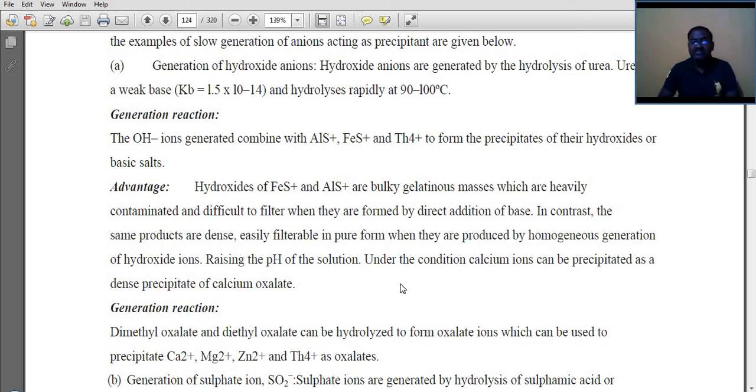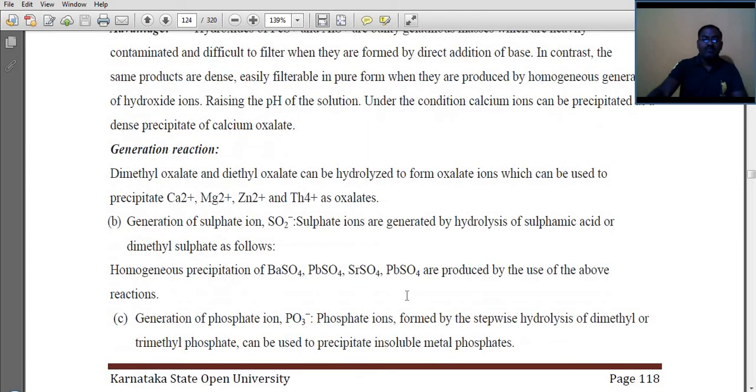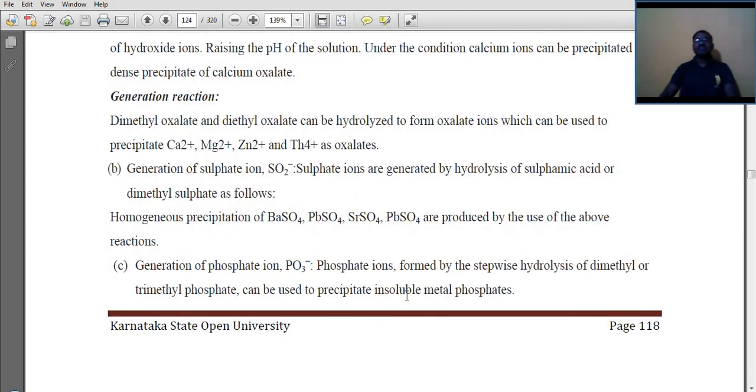In contrast, the same products are dense, easily filterable and pure when they are produced by homogeneous generation of hydroxide ions. By raising the pH of the solution under these conditions, calcium ions can be precipitated as a dense precipitate of calcium oxalate. What is the general reaction regarding this?